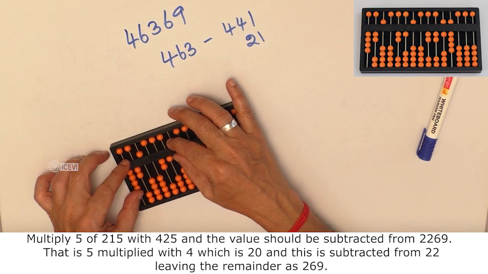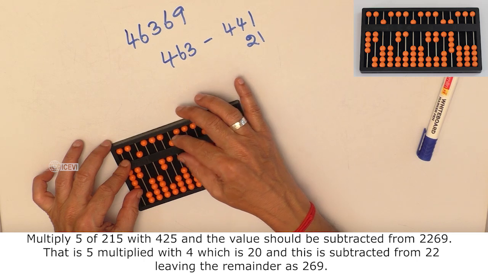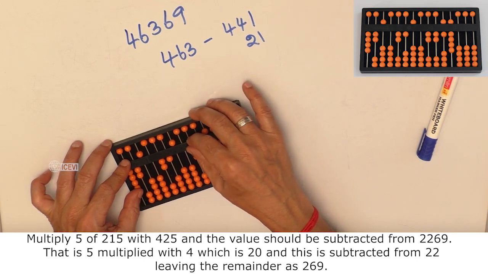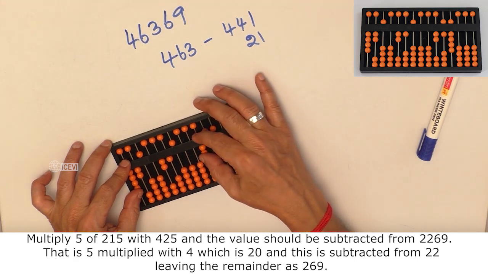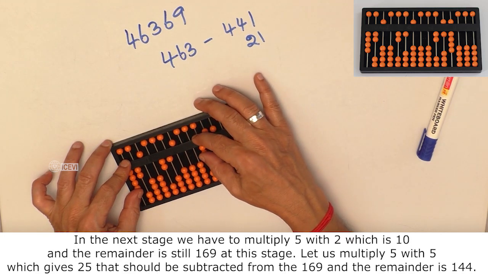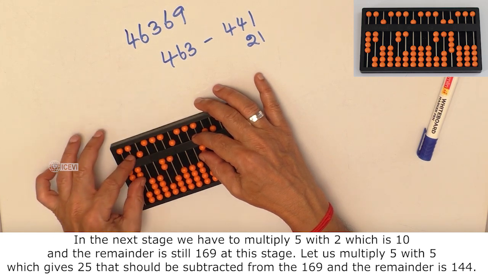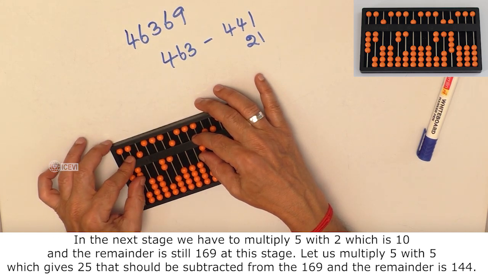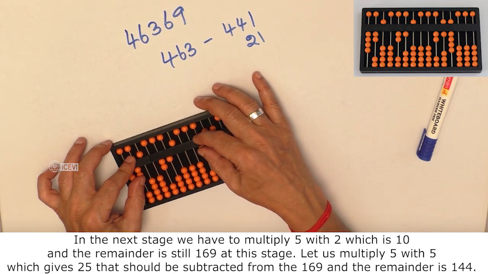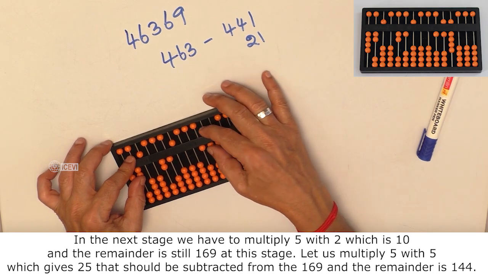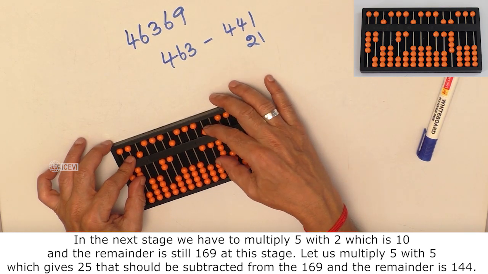That is 5 multiplied with 4, which is 20, and this is subtracted from 22, leaving the remainder as 269. In the next stage, we have to multiply 5 with 2, which is 10, and the remainder after reducing this from the 269 will give us 169.